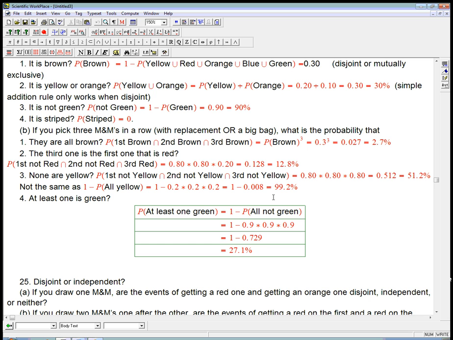Okay, so about a quarter of the time you're going to get at least one green, because that's the negation or the complement of that they're all non-green, and that you can get by the process we got here. So this is getting pretty sophisticated in terms of the basic probability rules. We're using independence, the multiplication, we're using complements, putting events together. If you can get to this stage, you've got a really good grasp of the basics.